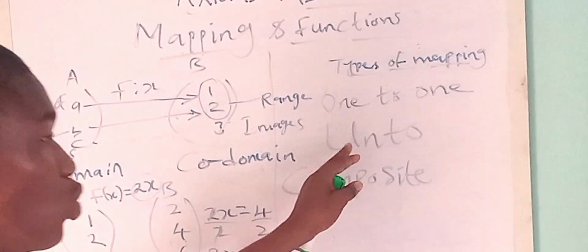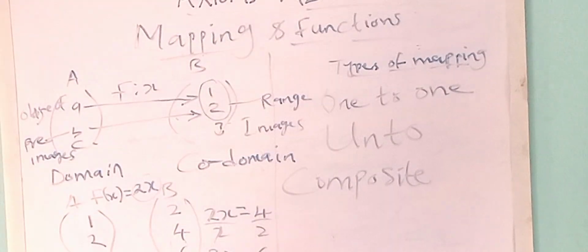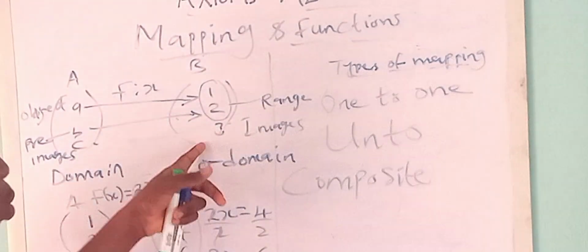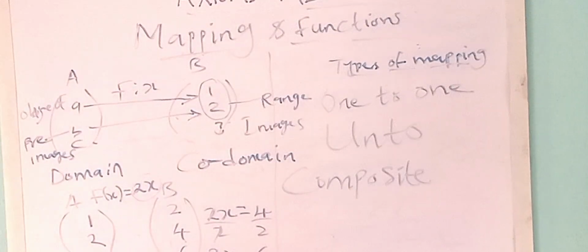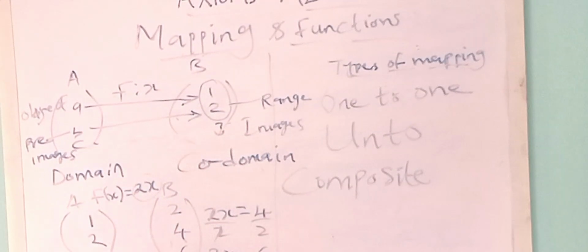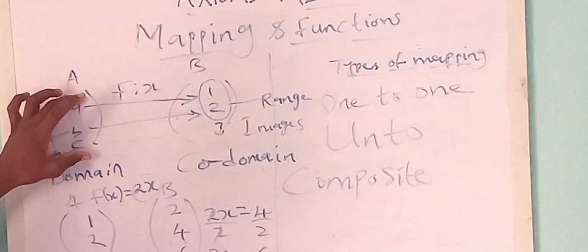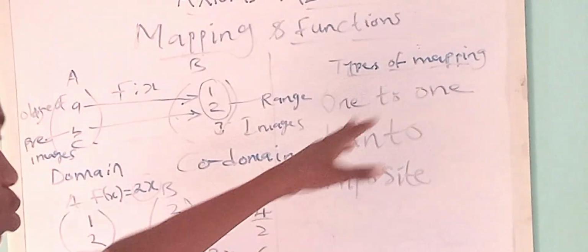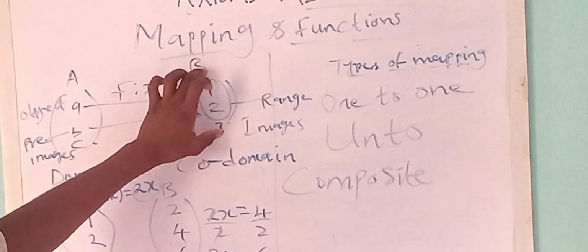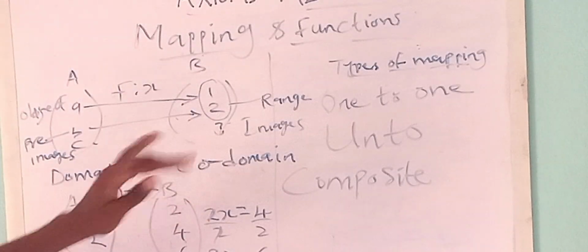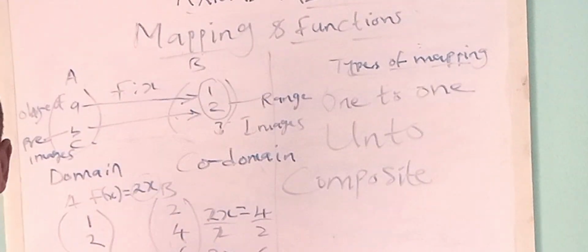And when we're talking about onto mapping, onto mapping says that all elements in the codomain must be mapped to at least an element in the what? The domain. So it doesn't care if all these are being mapped, but what it bothers about in the onto mapping is that everything in the codomain should be what? Given a partner in this place.